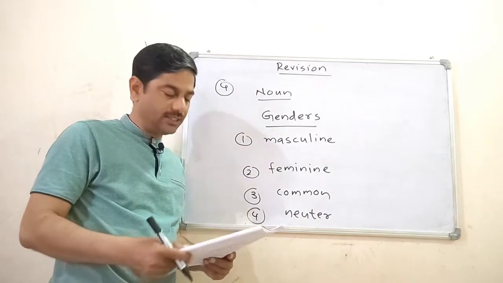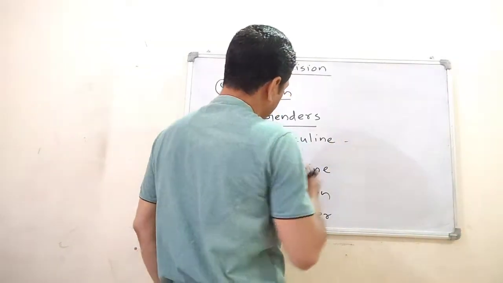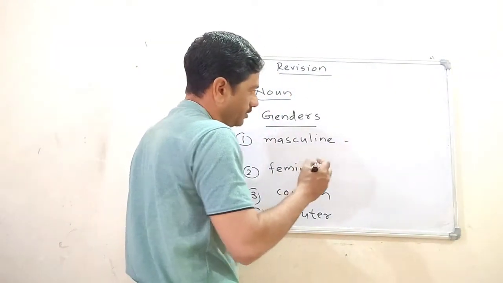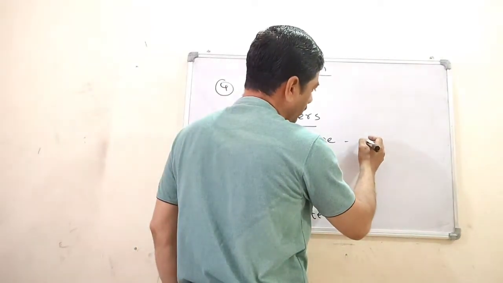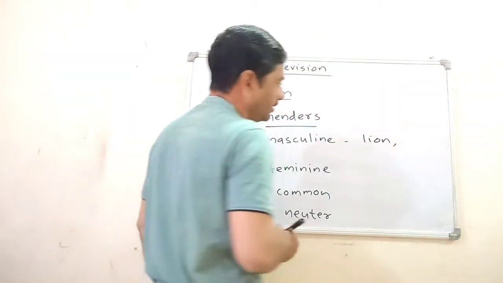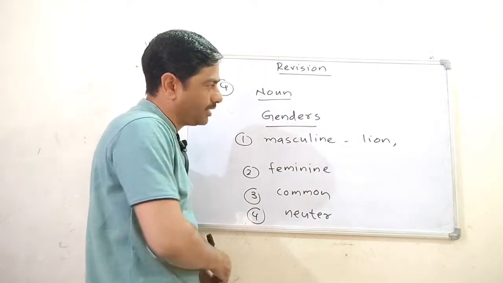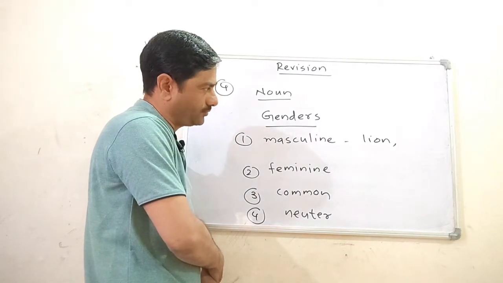Examples I will write here. Masculine: lion, it is a masculine gender.